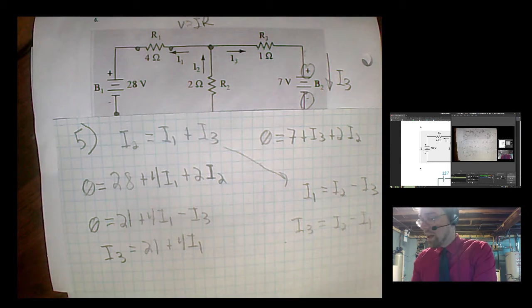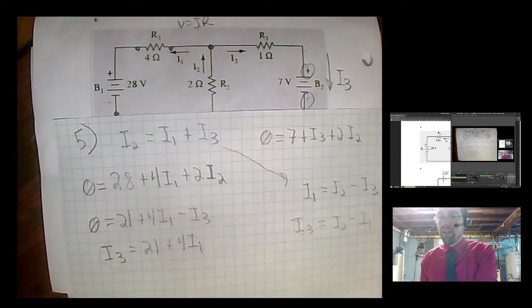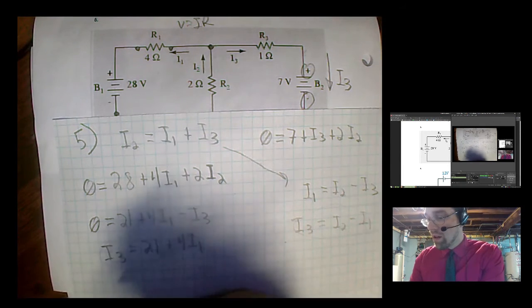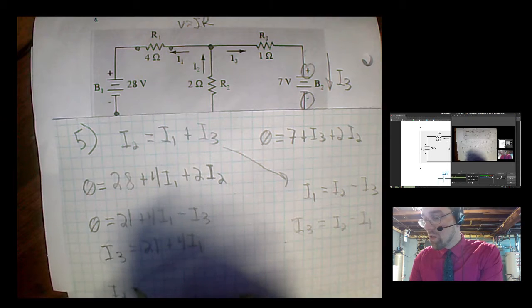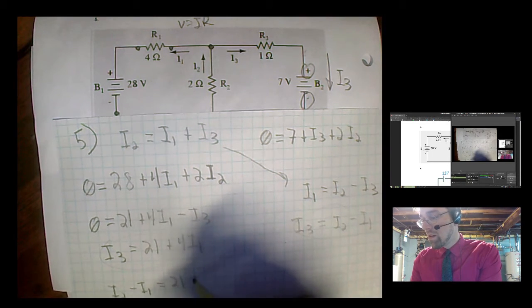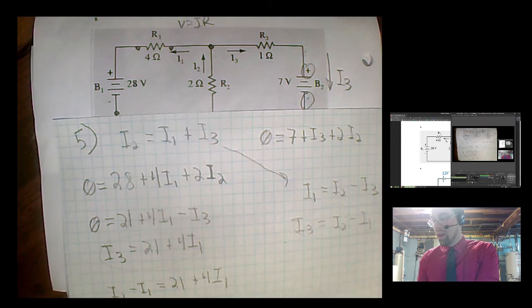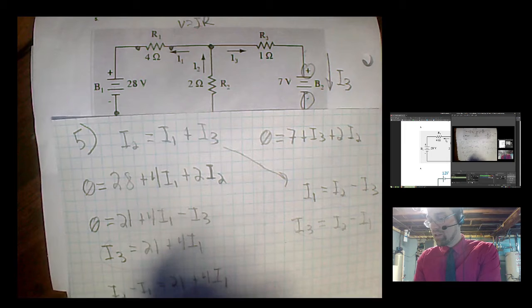Here I have I3 equals some stuff. Here I have I3 equals some stuff. That means that stuff is equal. I2 minus I1 equals 21 plus 4I1. I can add that over, so I got I2 equals 21 plus 5I1.